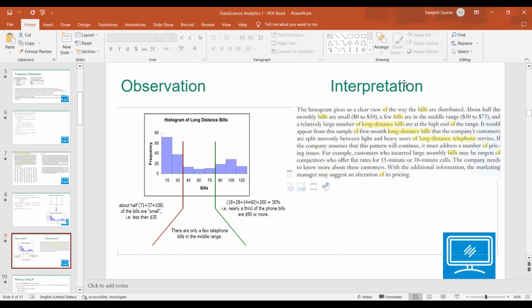So the answer is, it depends upon the problem that you're looking at, right? The same graph for retail would mean something different than for this kind of business. If you're in a telephone company, what they try to do is, they make money if you stay with them, right?